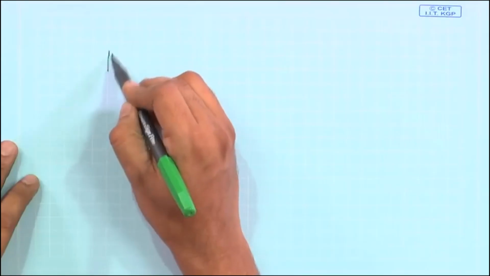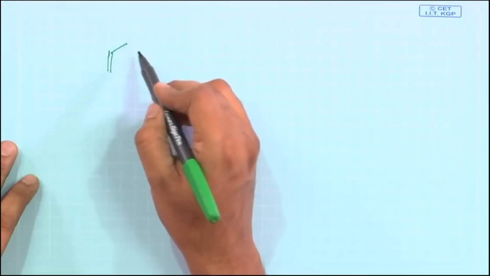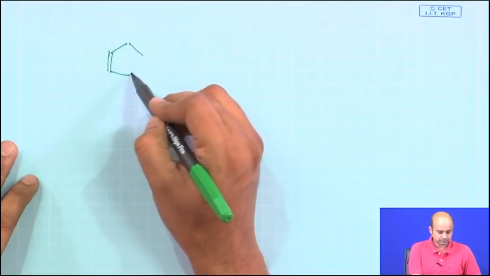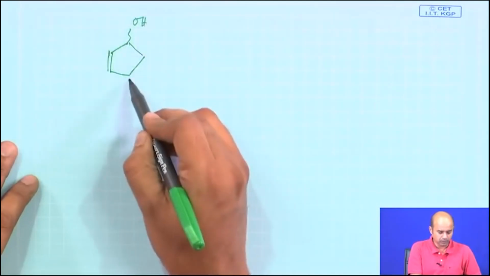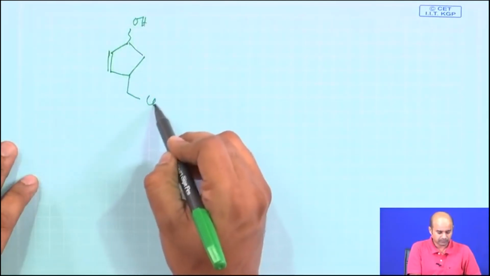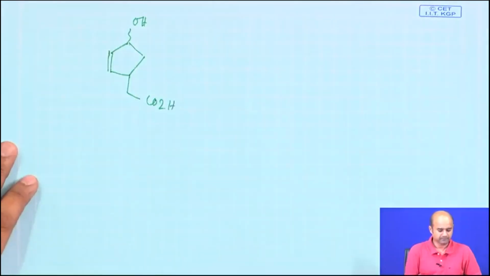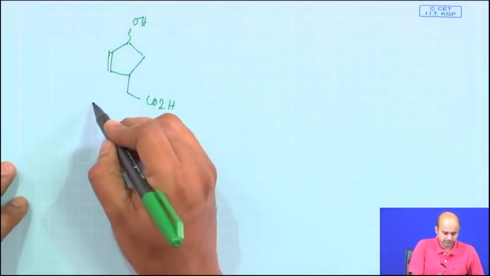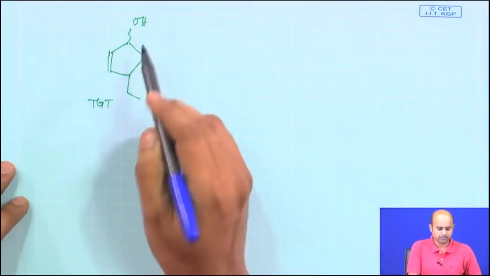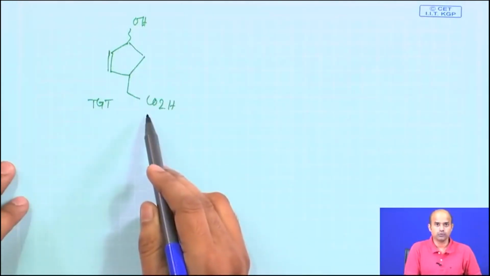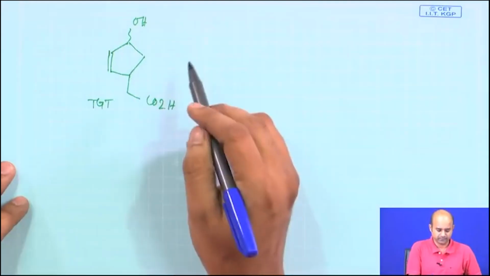The next problem is again based on a similar kind of thing, but I will give you a molecule something like this. It is a five-membered, cyclopentene-based molecule, having an OH and CH2CO2H as the target.